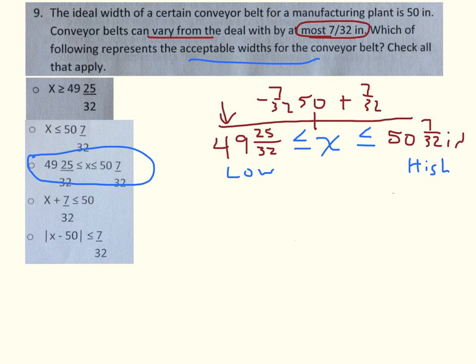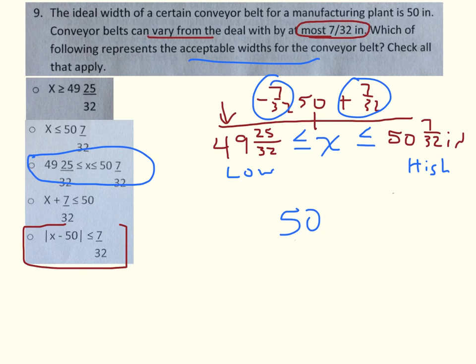Now, another thing you have to consider is, if you have 50 and we're adding or subtracting the same distance, either to and from, well, the other answer choice that it could possibly be would be this one right here.